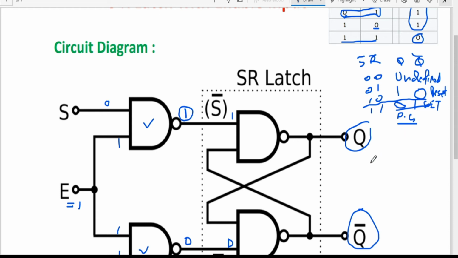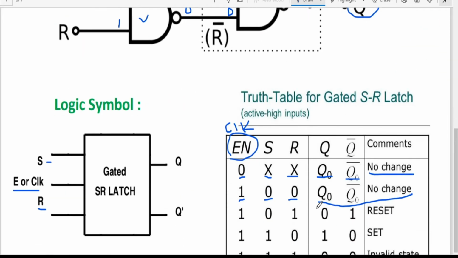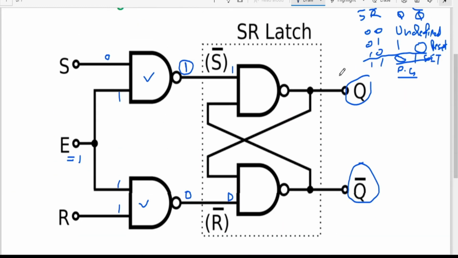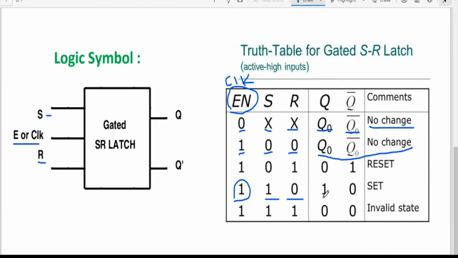So the flip flop is in the set state. When the enable input is 1, the output we have is Q is 1 and Q bar is 0, and that state we call a set state.